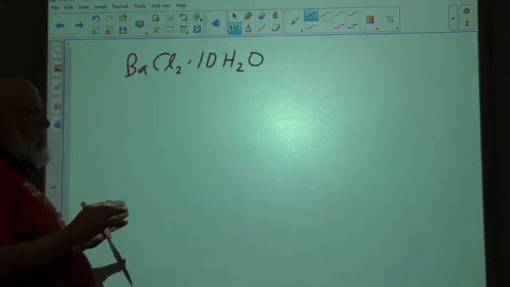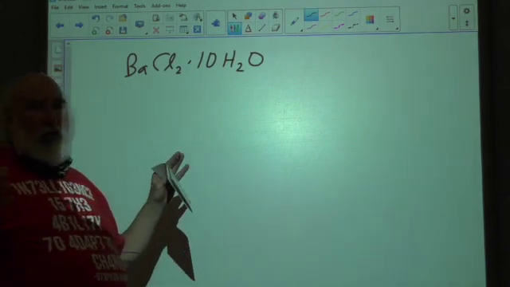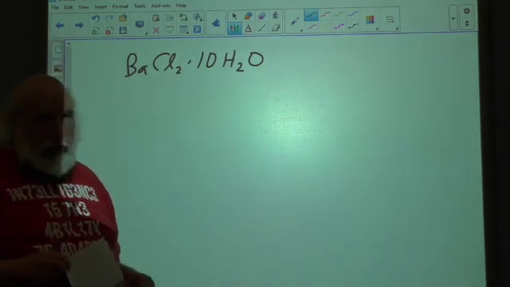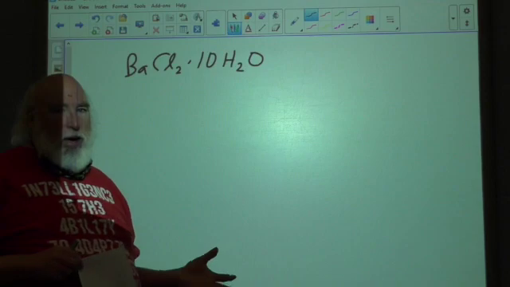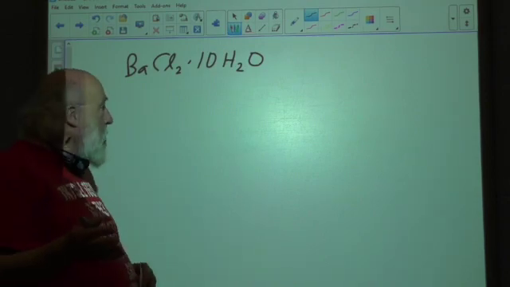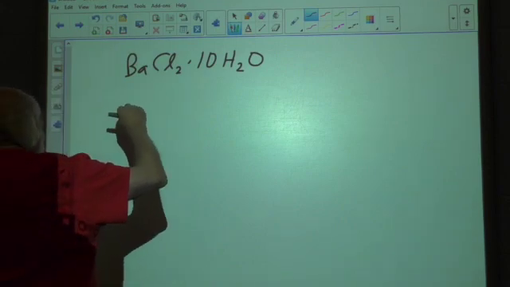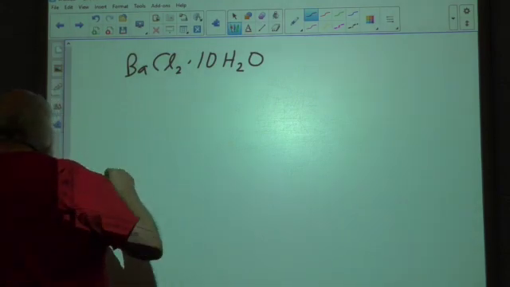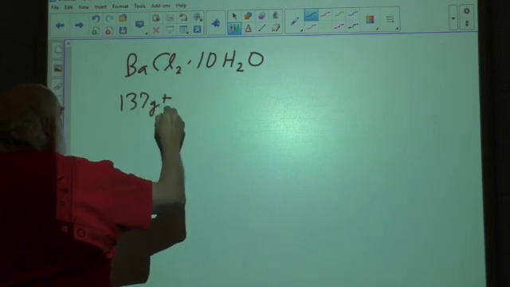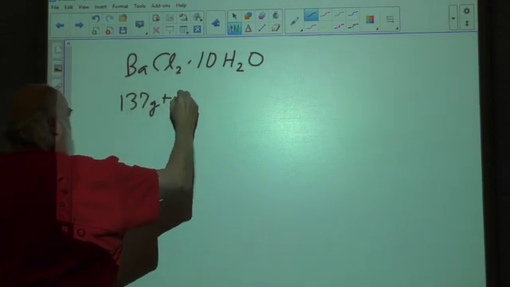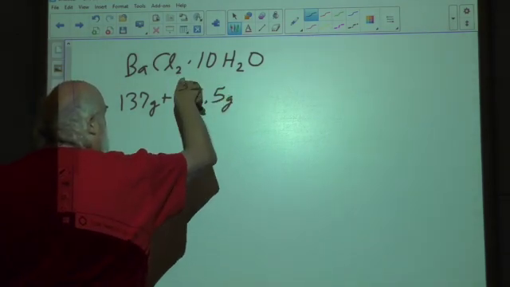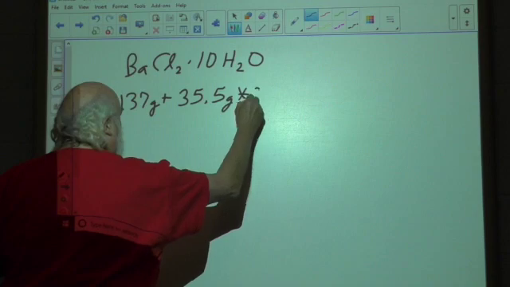But what we want to find is the total mass of the hydrate, and we're going to make it a molar mass, grams per mole. So you get your periodic chart out, you find that the mass of barium rounded to 3 significant figures is 137 grams, plus the mass of chlorine rounded to 3 sig figs is 35.5 grams, and then we have 2 of them, which is what that 2 means.